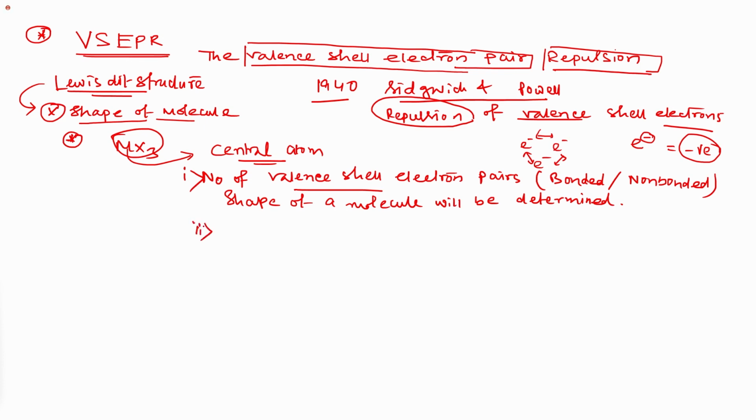The second postulate is that pairs of electrons in the valence shell repel one another, since the electron clouds are negatively charged.